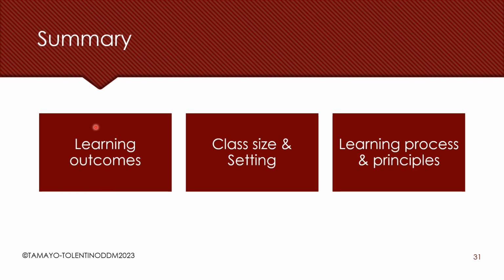And the last key point is that the teaching learning strategies can be grouped according to what the learning outcomes require, the size of the class, the setting where the learning will take place, and what the learning process and principles call for. Ultimately, the choice of strategies to deliver content requires appropriateness, alignment, and consideration of the learning process.